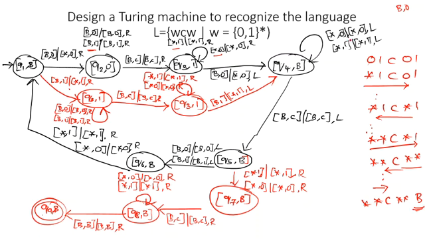So now this is for even number and odd number. If suppose you have only C alone, then that is also to be accepted. So what we do here is we'll have a separate state for that. So you'll have Q2 with C alone. Suppose you are encountering only C, then you'll mark the C and move towards the right.